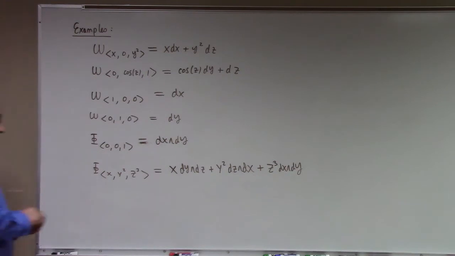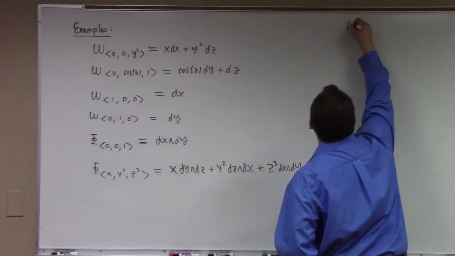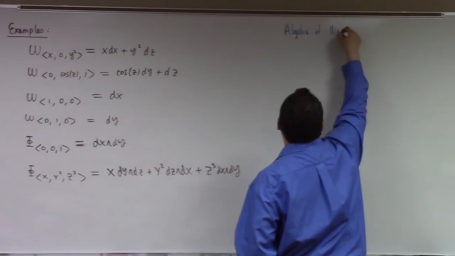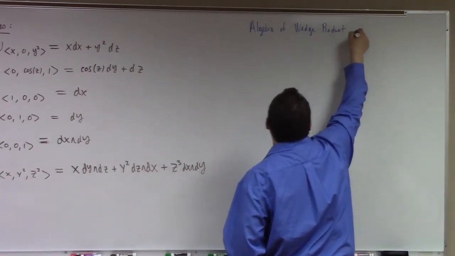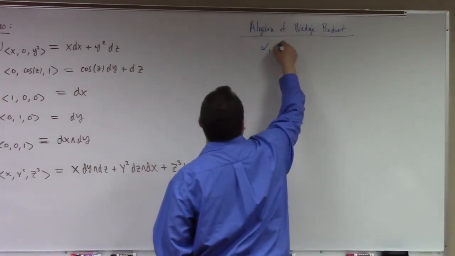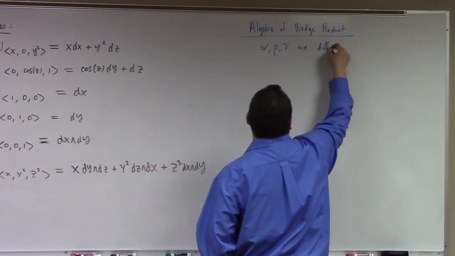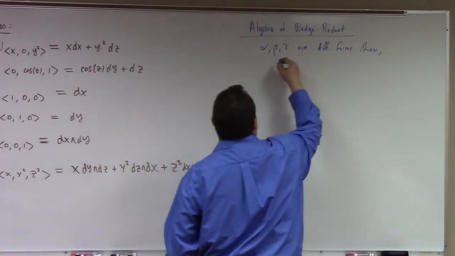So next up, let's talk about the algebra of forms. Well, the algebra of the wedge product is really what I'm talking about. So if we have alpha, beta, and gamma differential forms, then we have the following properties.